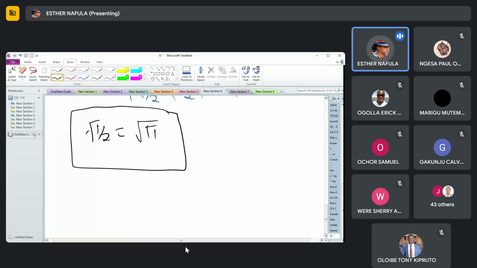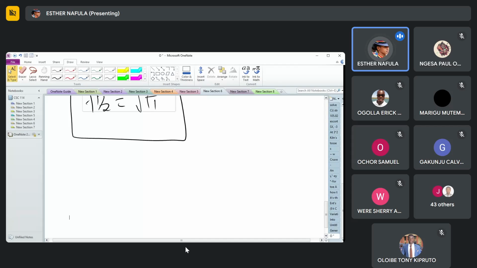So eventually, with some manipulations, we can end up with gamma of a half. We only need to use the definition of gamma: gamma of n plus 1 is n times gamma of n.